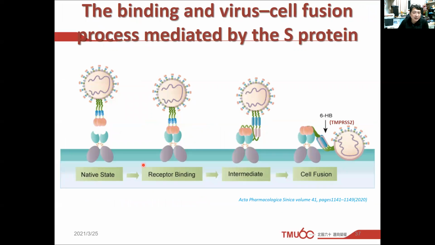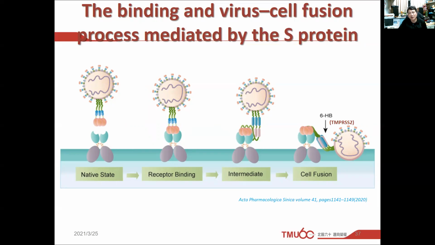During receptor binding, they use the S1 region, which has a receptor binding site. The binding affinity is not that high, it's an intermediate state. However, when the S2 domain contacts the membrane with the assistance of the protease TMPRSS2, this protein helps them do the fusion, and then releases the viral protein into the cytoplasm.